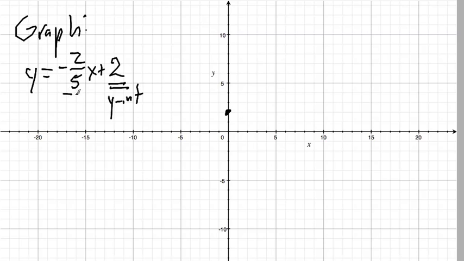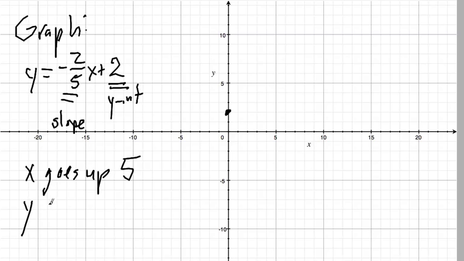Now, this is our slope, and we can interpret this as if x goes up by the denominator 5, if we go up by the run, then y changes by the rise, which is 2. But since it's negative, y is going to go down. Y goes down 2. So here I am, and I go over 1, 2, 3, 4, 5, and then I go down 1, 2, and I hit right here.